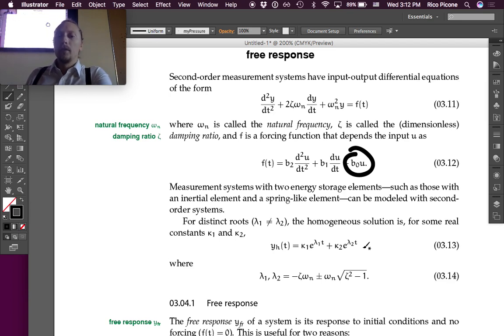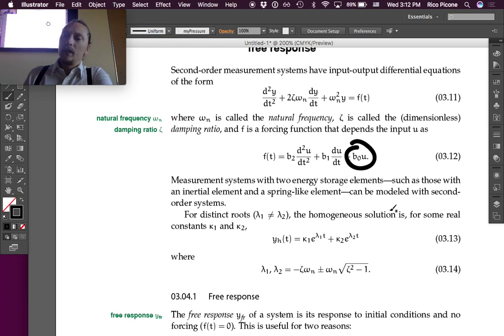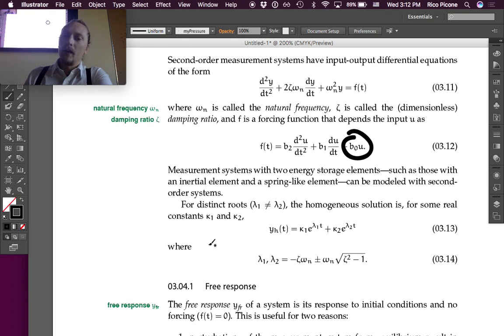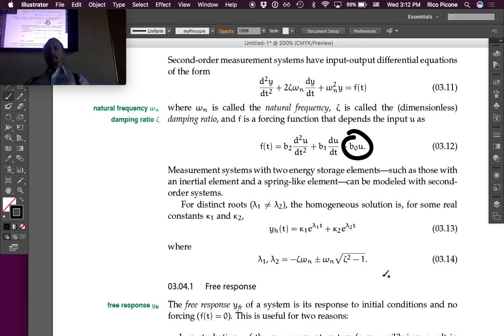For distinct roots of the characteristic equation, which is to say that they're not equal to each other, the homogeneous solution is, for some real constants kappa 1 and kappa 2, this expression, where lambda 1 and lambda 2 can be written in terms of the damping ratio and the natural frequency there.